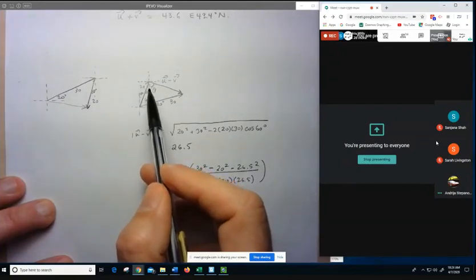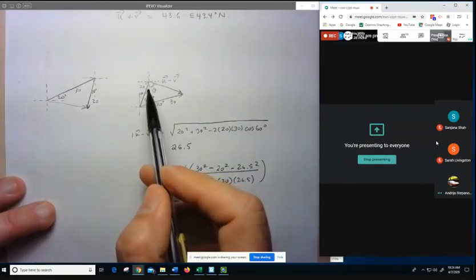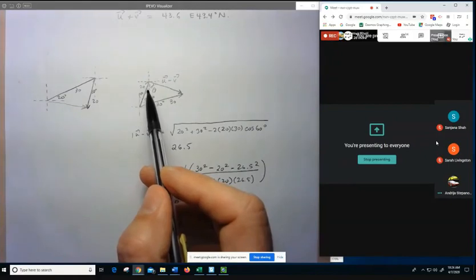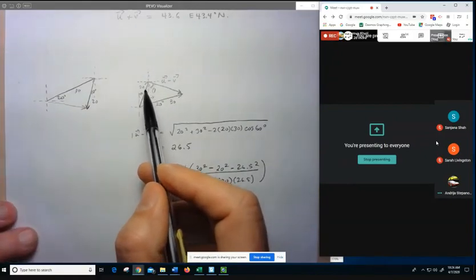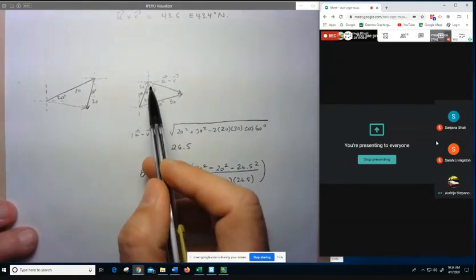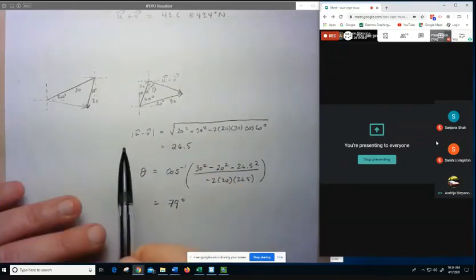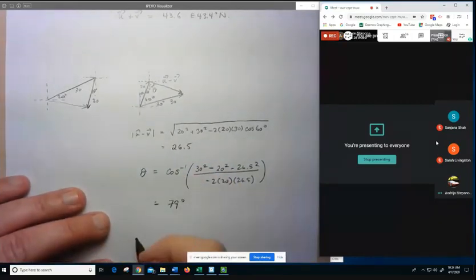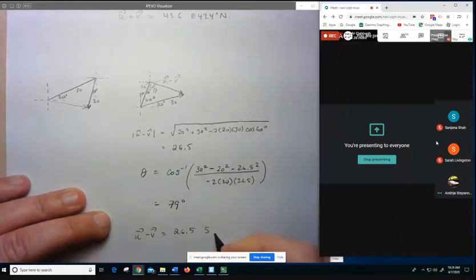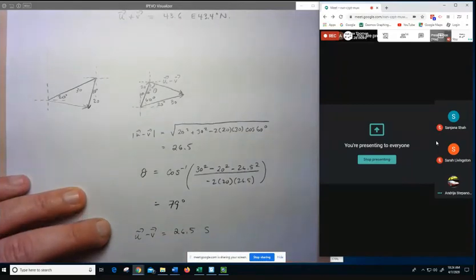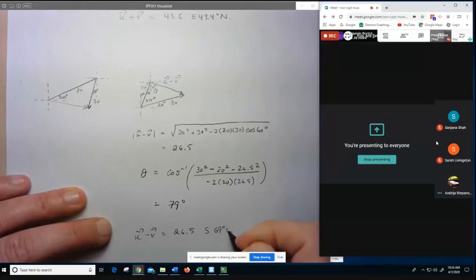I want to subtract 10 in order to get just the angle from the south direction. So u minus v is going to be equal to 26.5, and then south, looks like it's 69 degrees east.